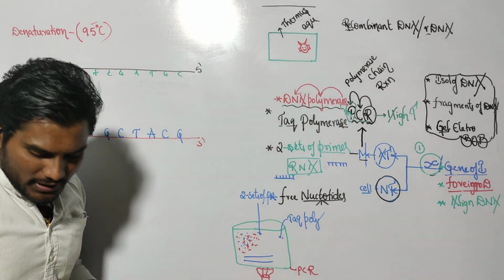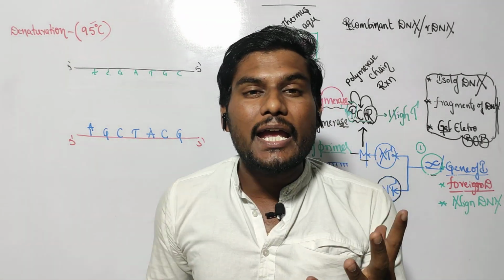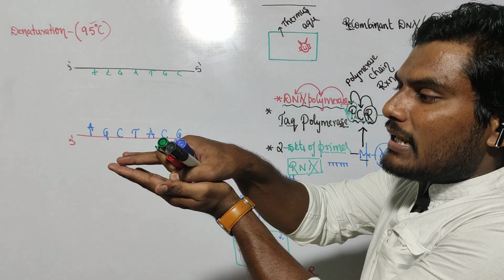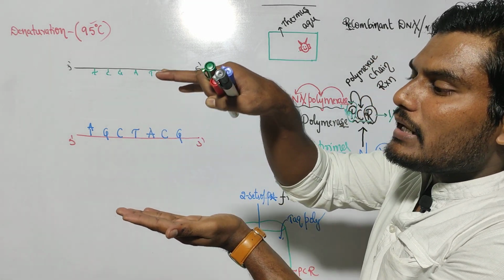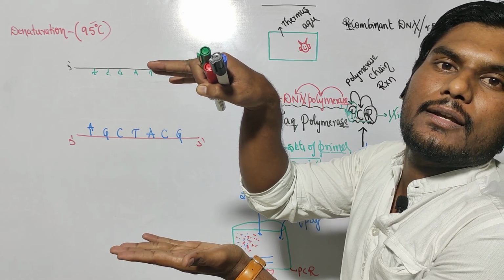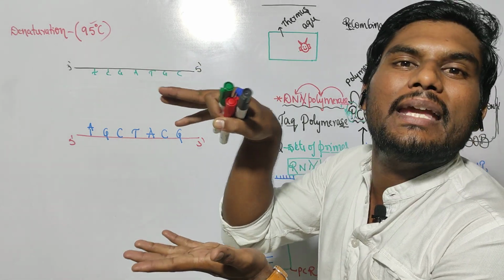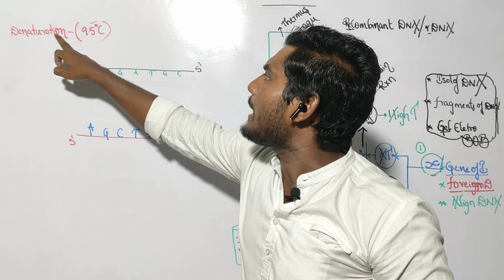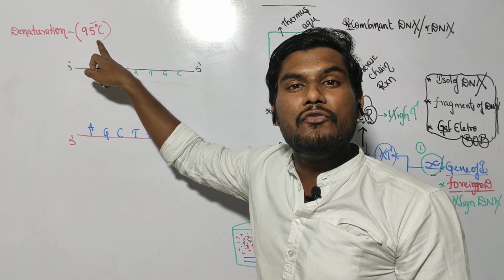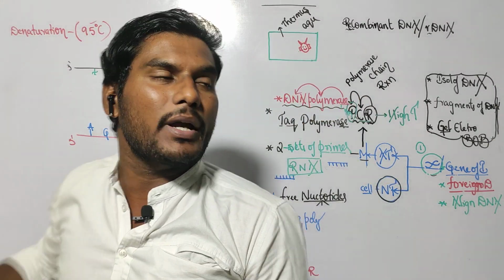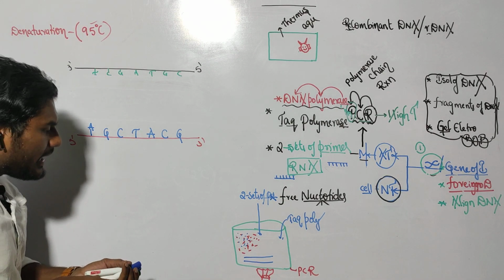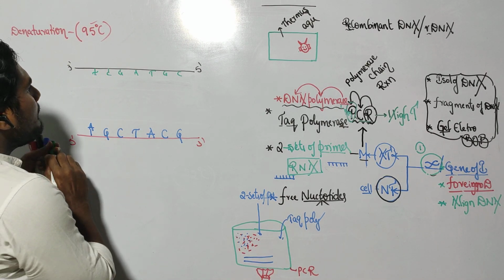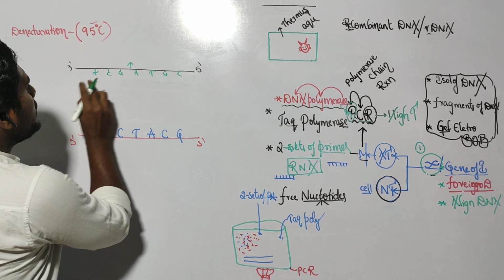What is denaturation? Denaturation means nothing but breaking down of hydrogen bonds and separating the two DNA strands. This is called denaturation, and it happens at how many degrees Celsius? 95 degrees Celsius. Okay, the two DNA strands are separated. Now this DNA strand has the ability to synthesize a new DNA strand.